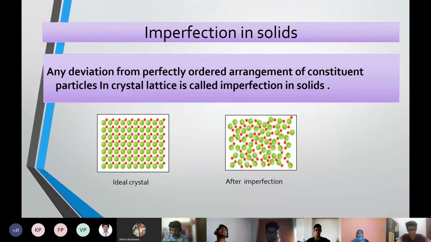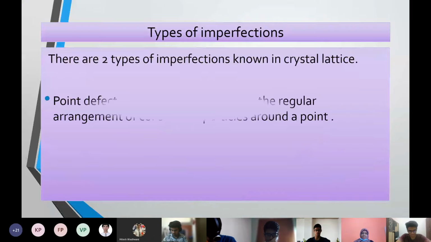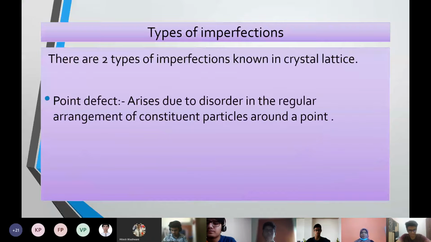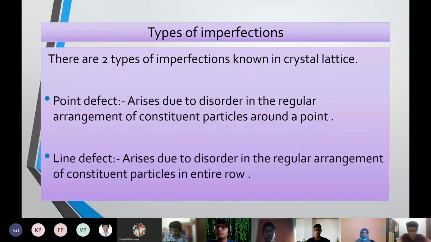So you can classify the imperfections in solids into two types. Imperfections in solids are of two types. The first type of imperfection is point defect. Here you're learning different types of imperfection. You will see many coming this way, but it's actually very easy to connect and learn.